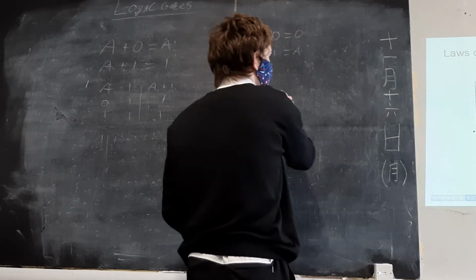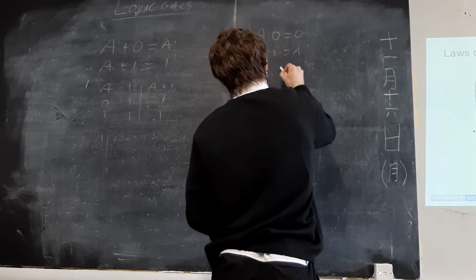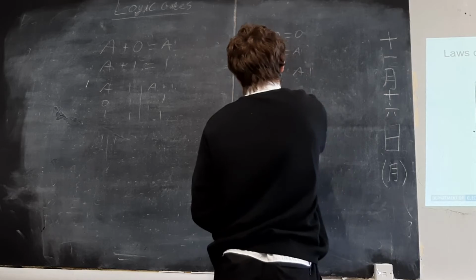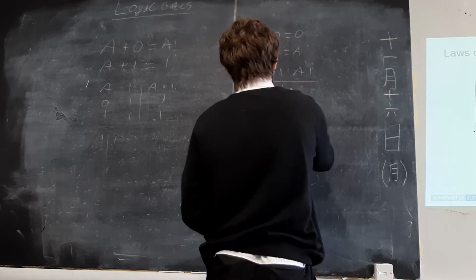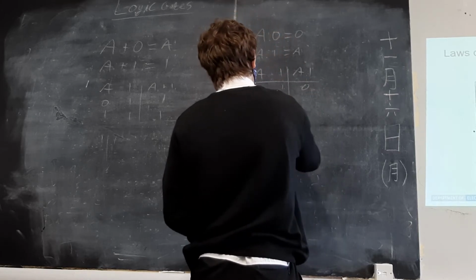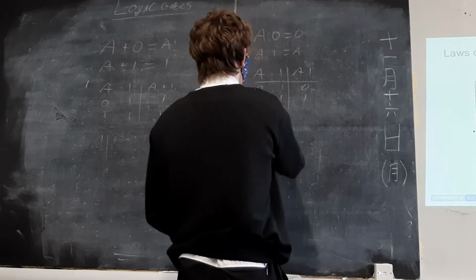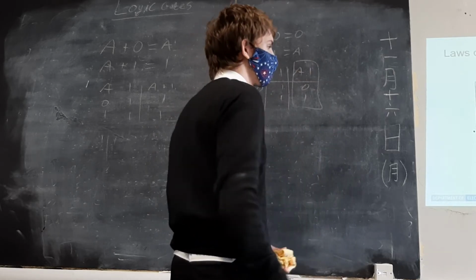When you have 1, however, there is the chance of it being 0 or 1, where we have A and 1. This can either be 0 or 1. This here is 1 always. As we're ANDing, that's going to be 0, that's going to be 1. So it is then equal to each other.